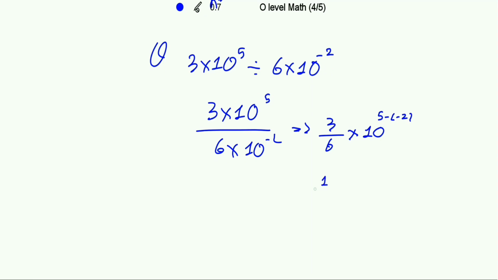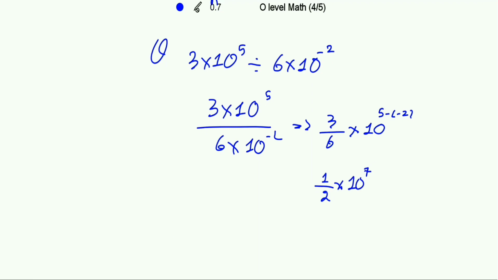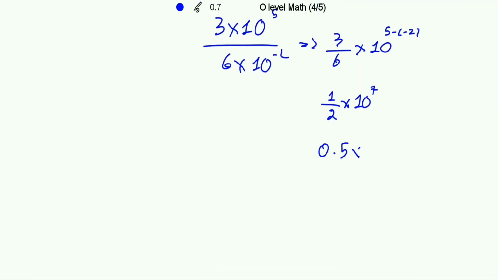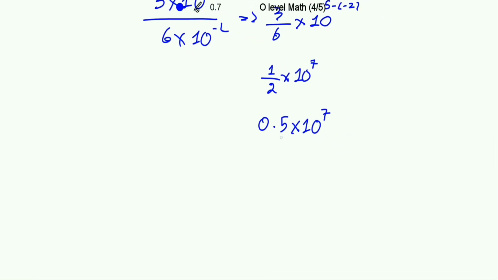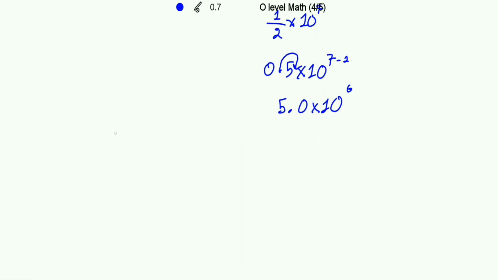So it's going to be 1 upon 2 multiplied by 10 of power 7. So I got 0.5 times 10 of power 7, but this is not in standard form. In order to put this in standard form, the decimal point must be next to the non-zero number. So 5.0. Now this is in standard form. So if the point comes down here, then it will be subtracted by 1, so 10 of power 6.